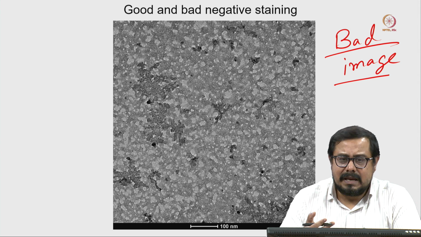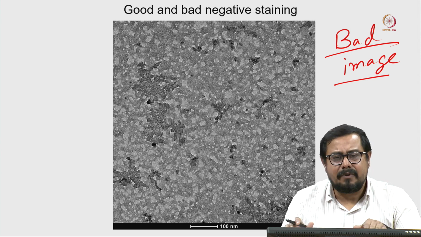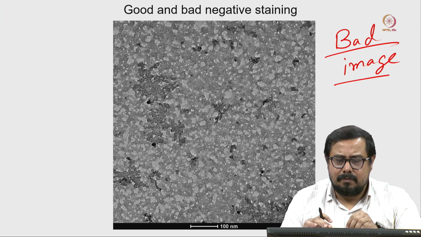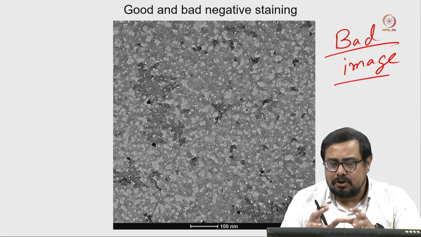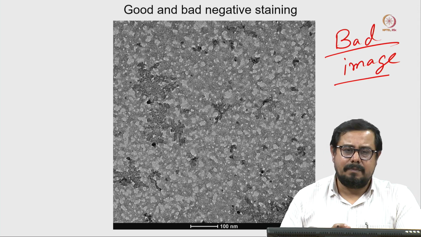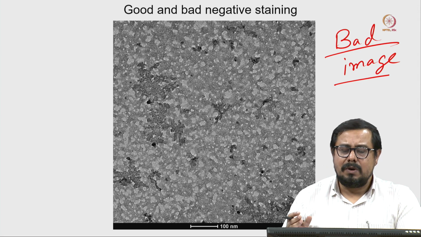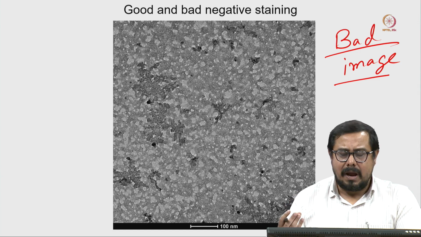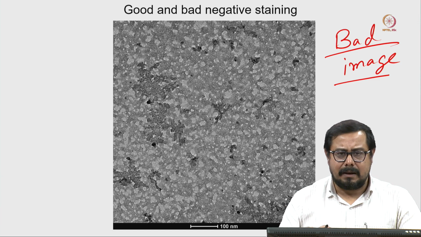When you use heavy metal staining solution, the scattering will be much higher from the background and the protein molecule density will be lower, so the electron beam can easily go through the protein sample, and we get white protein molecules on a comparatively black background.